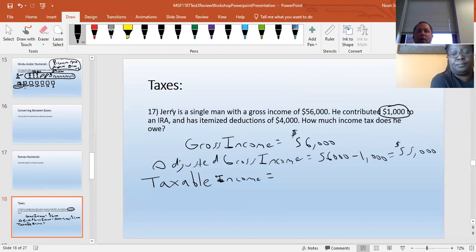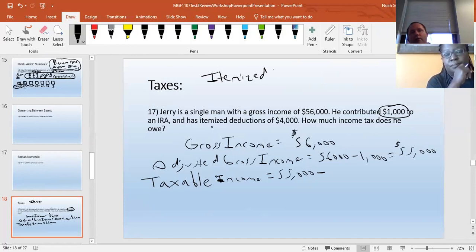We're starting out with the adjusted gross income, which is 55,000. We have to subtract off the deductions. Now, one thing you have to consider is itemized versus standard deduction. You have to figure out which category each person is in.